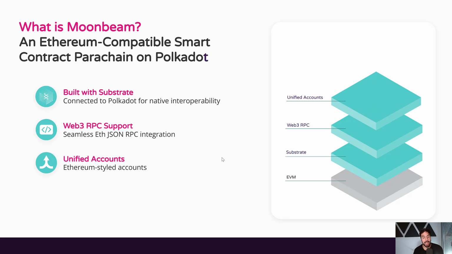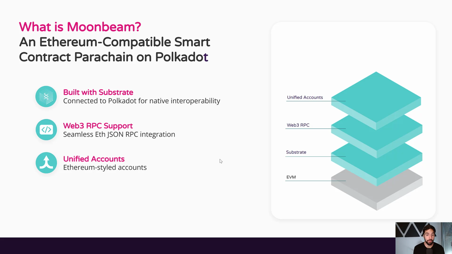Next is unified accounts. If you're familiar with Substrate-based blockchains, they normally offer an SR25519 account system. The main idea here is that it's not the Ethereum style accounts. They have different keys and account management, and everything is a little bit different.